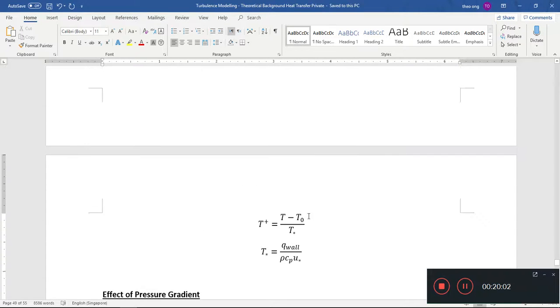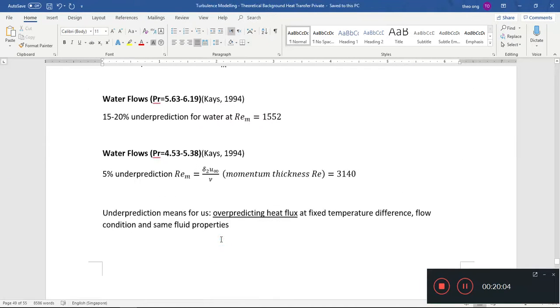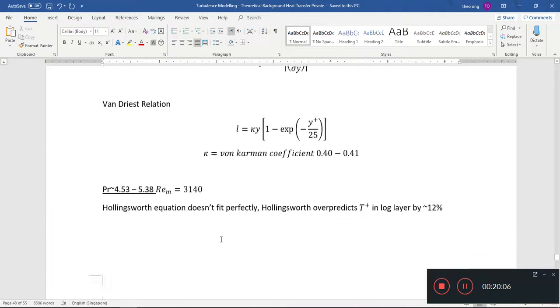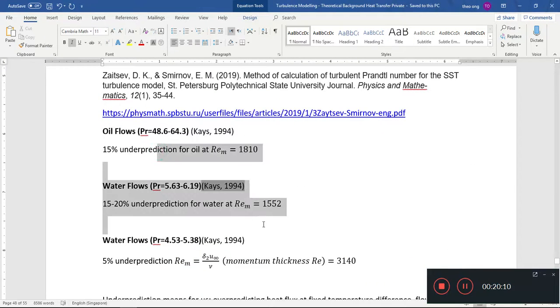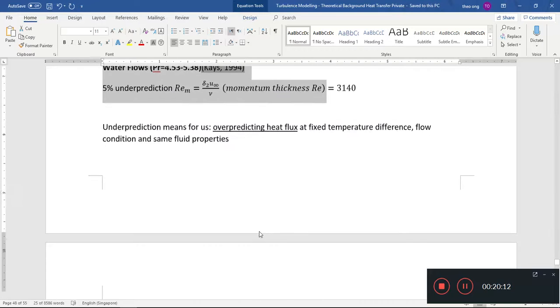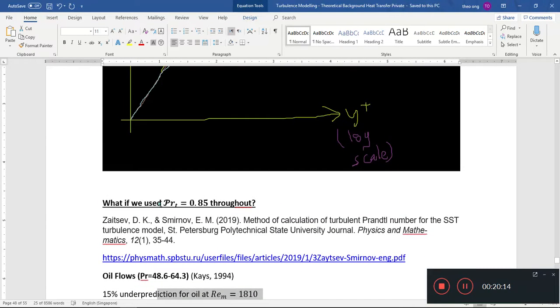But what I've covered for you so far is the forced convection turbulent Prandtl number, what this turbulent Prandtl number does, and what happens if we use this constant Prandtl number at 0.85.